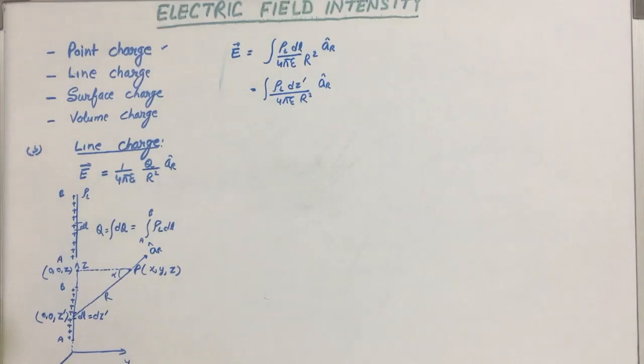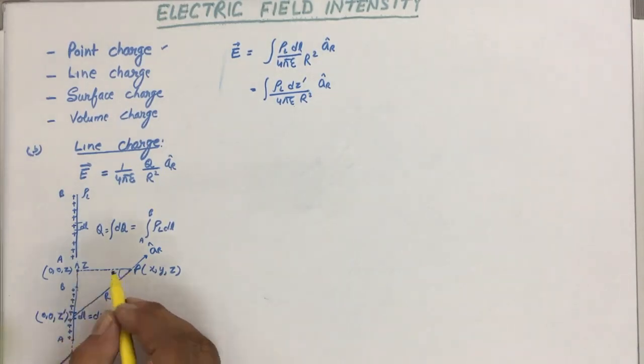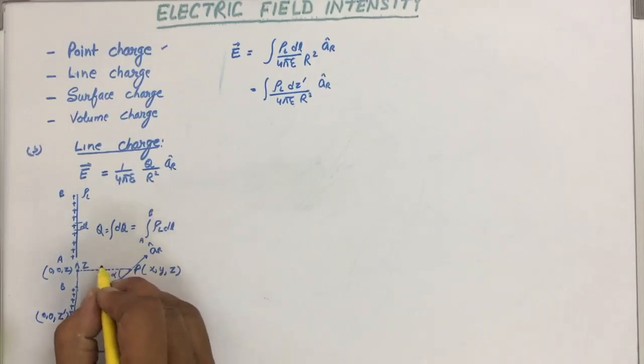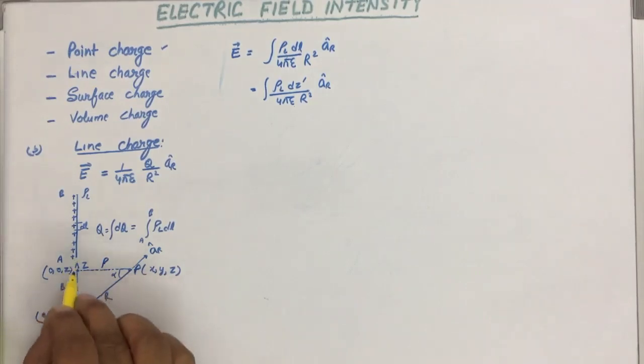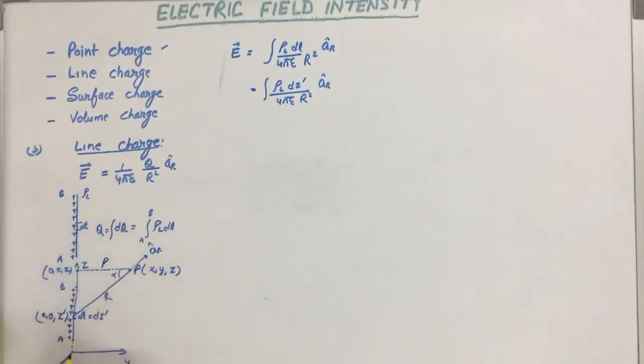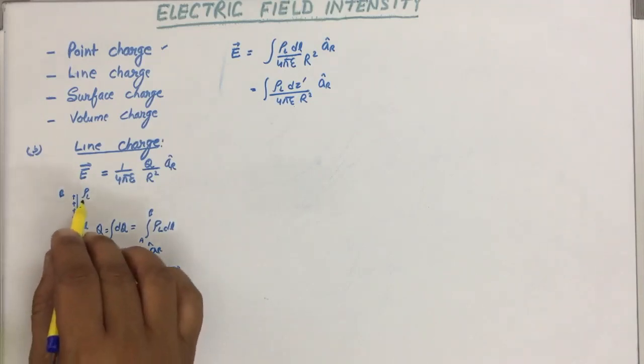And what can we write here? If this length is considered as rho, and this is rho L, the line charge density, then don't mix up rho L and rho.